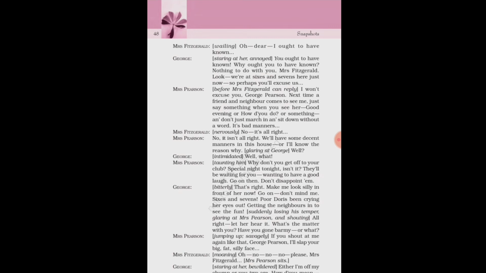"Oh dear, I ought to have known." George, staring at her, annoyed: "You ought to have known? Why you ought to have known? Nothing to do with you, Mrs. Fitzgerald. Look, we are at sixes and sevens here. Now, perhaps you'll excuse us." Mrs. Pearson, before Mrs. Fitzgerald can reply: "I won't excuse you, George Pearson. Next time a friend and neighbor comes to see me, just say something when you see her.